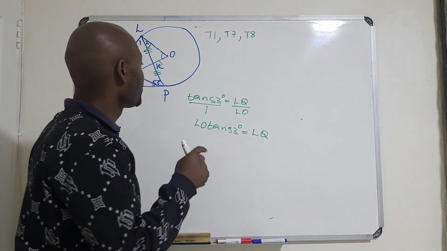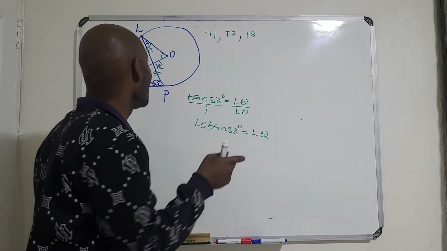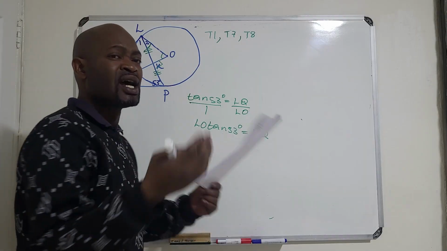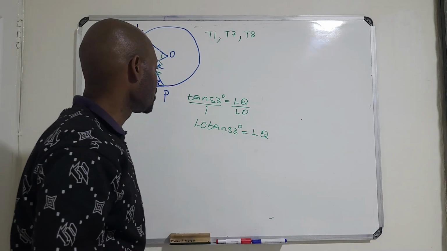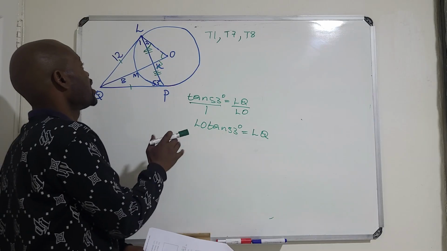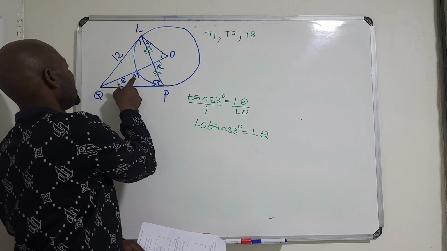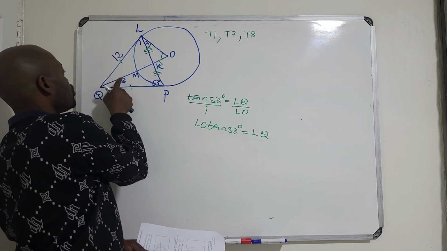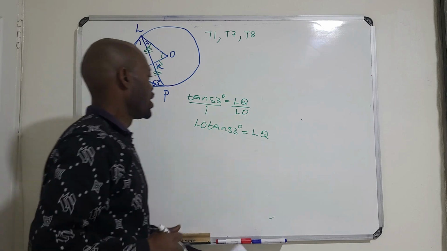I'm still showing you that we can use trigonometric ratios in other problems, but here I gave a specific reason why we can't, because OQ is not given whole, only MQ as 8.